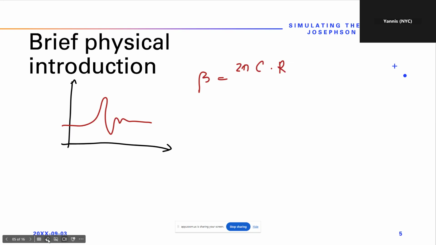And as has been said, the resistance can be modulated by biasing current. So this is the situation where beta is around 1, let's say.